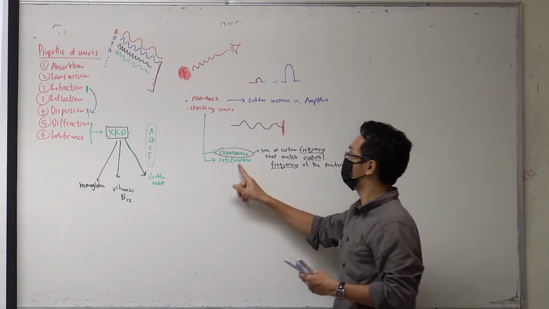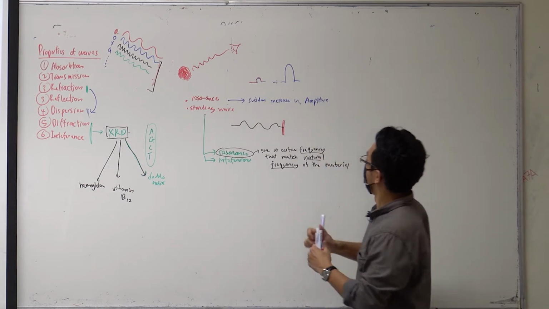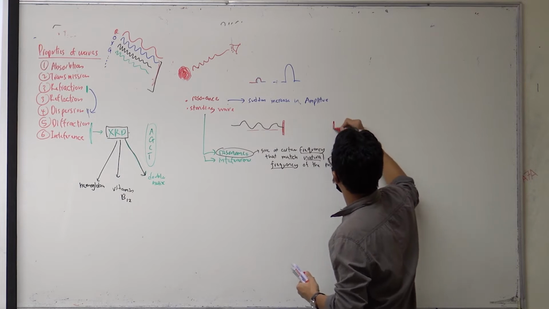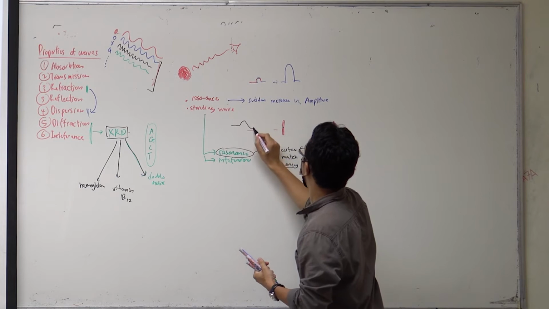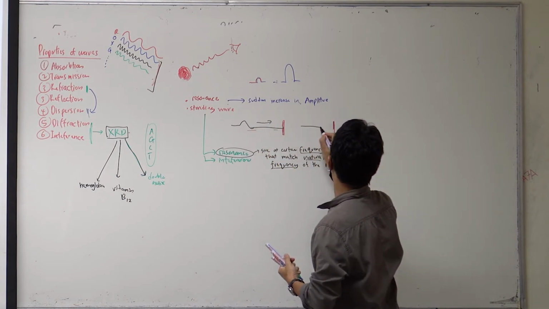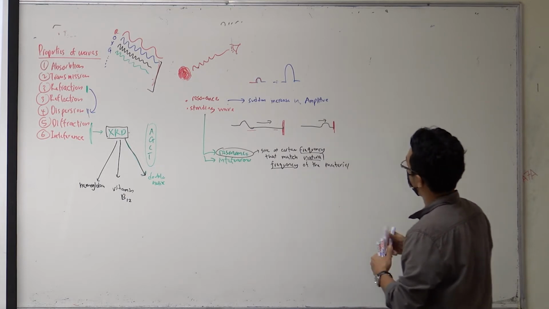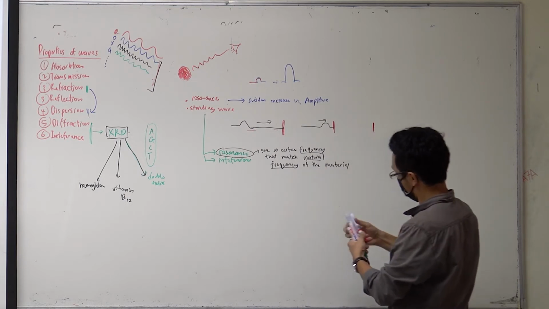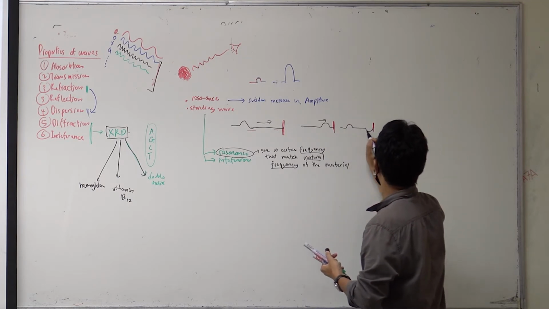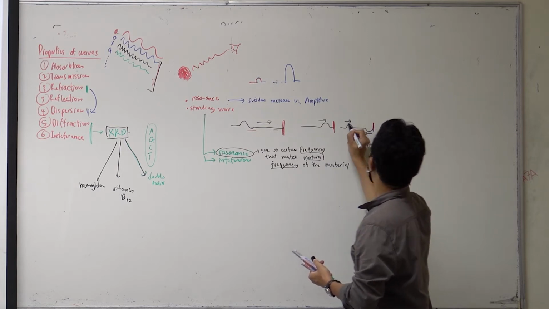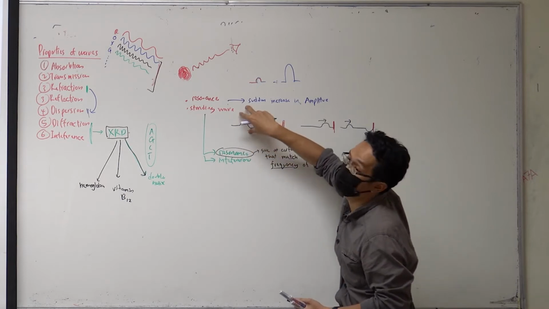Okay, interference. How does interference have to do with the standing wave? If you look here, when the wave goes like this, and then when the wave reaches here, it will reflect. Let's say we call it wave number 1.